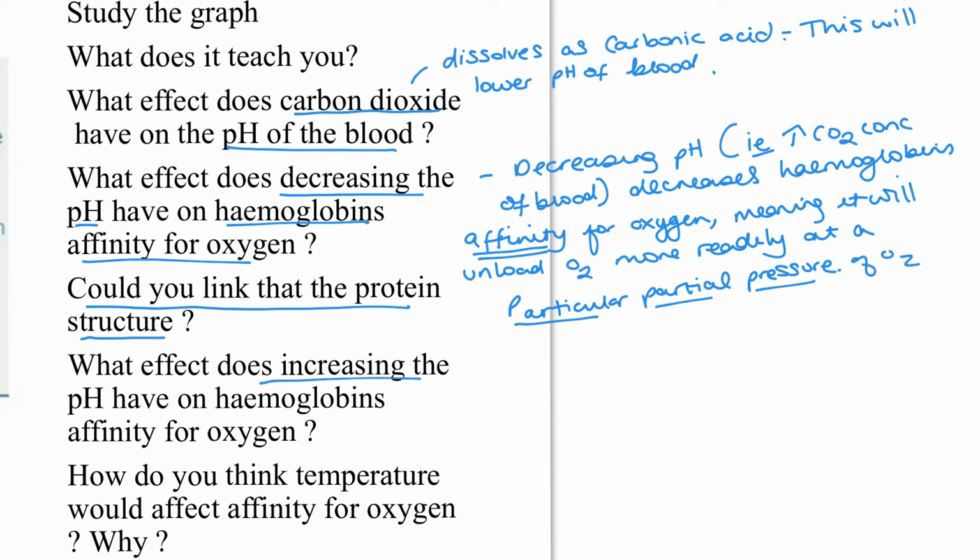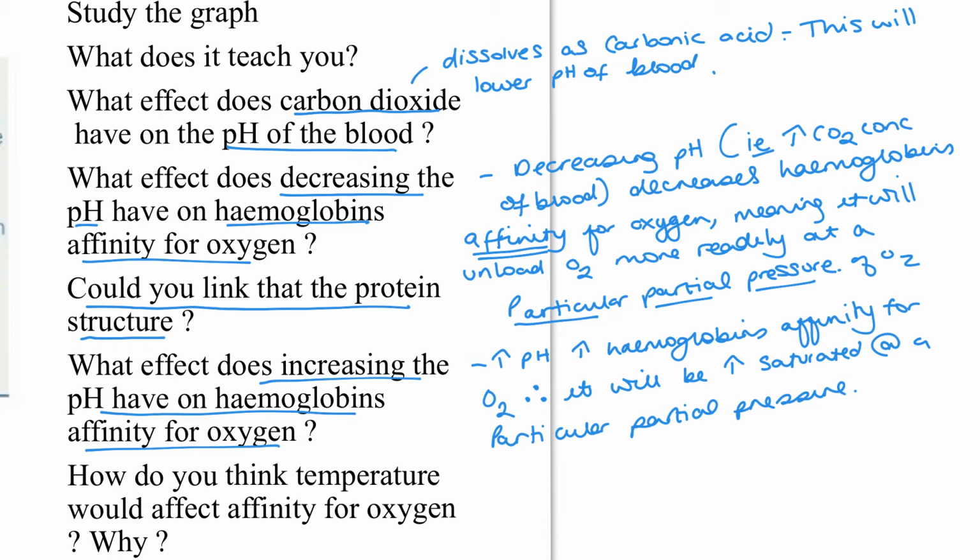If you increase the pH, i.e. you have less dissolved carbon dioxide in the blood, this will increase hemoglobin's affinity for oxygen. Therefore, it will be more saturated at a particular partial pressure of O2. This is known as the Bohr effect or the Bohr shift.